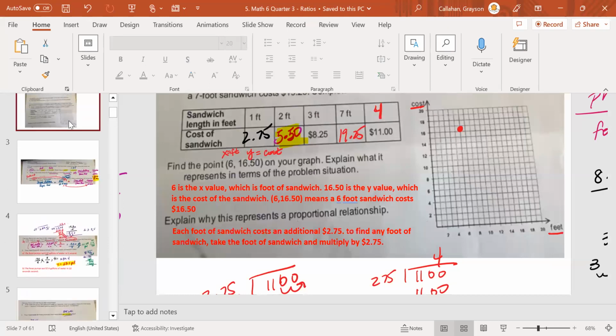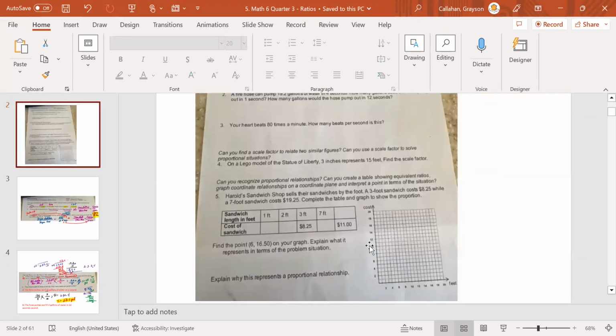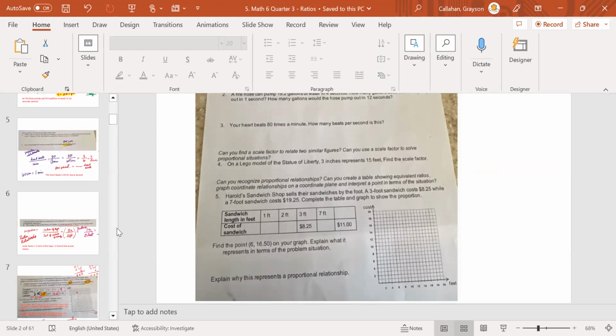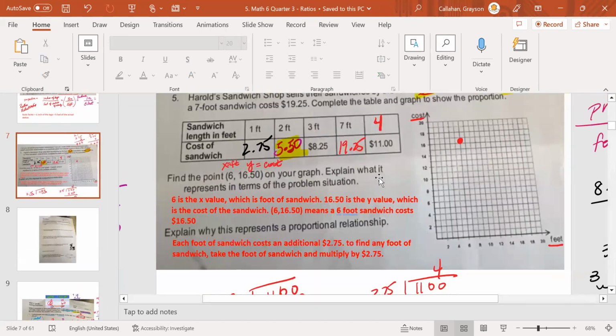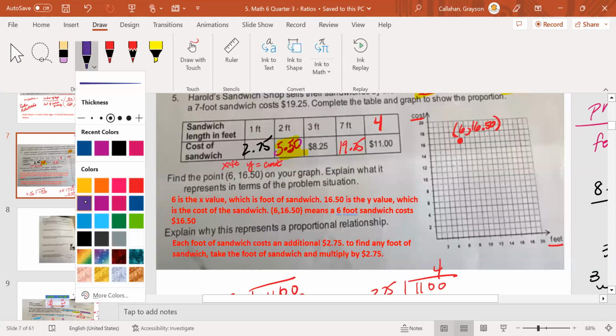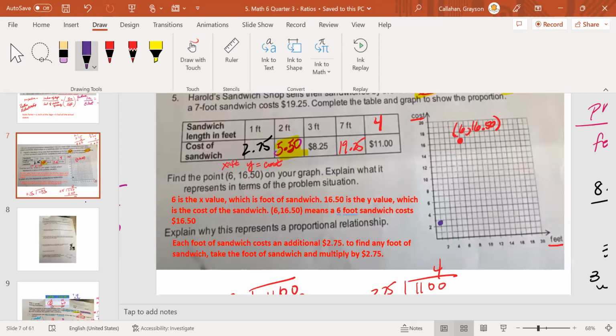Is that it, basically? She didn't want you to graph anything else here? No, well, she didn't want you to graph the rest of this. So this right here represents 6, 16.50, right? But if I were to graph everything else on here, all these other ones are also points as well, like 1, 2.75 is right there, okay? 2, 5.50 is right there. 3, 8.25 is right there. 7, 19 point whatever is right there, right?